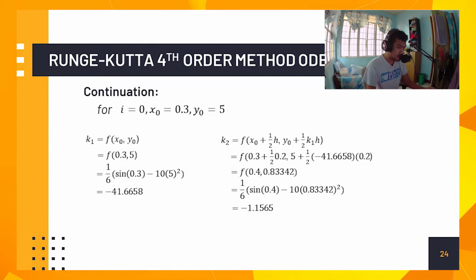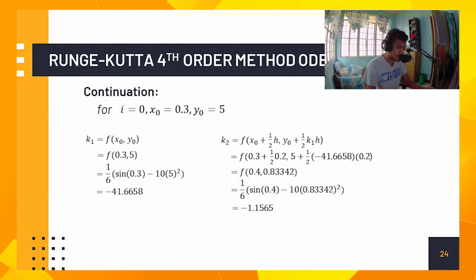41.6658. For k sub 2, which is equal to f of x sub 0 plus 1 half h comma y sub 0 plus 1 half k sub 1 h. Substituting, we will have f of 0.3 plus 1 half 0.2 comma 5 plus 1 half negative 41.6658. This is the value from k sub 1 times 0.2.